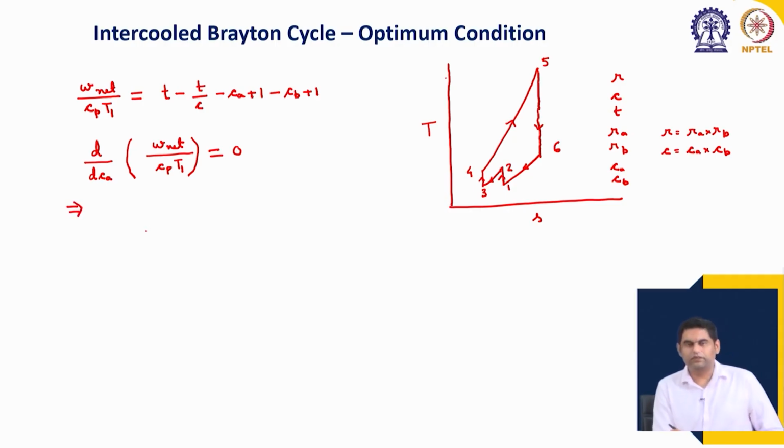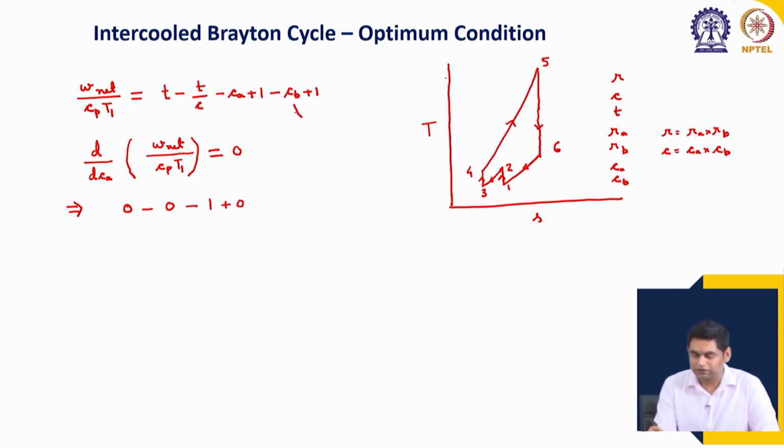The first term gets cancelled, 0, minus T by C also becomes 0, minus CA gives minus 1, plus 0, minus CB.